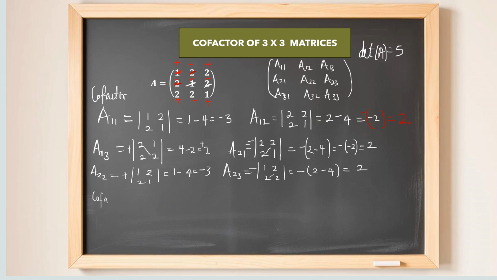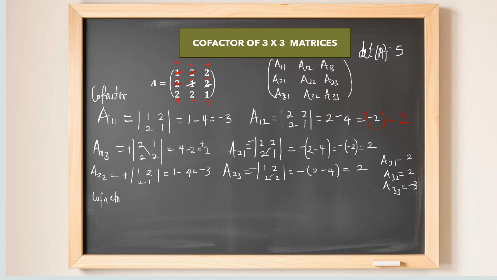Now, if you apply the same method all through, you have A31 to be 2, A32 to be 2, and A33 to be negative 3.